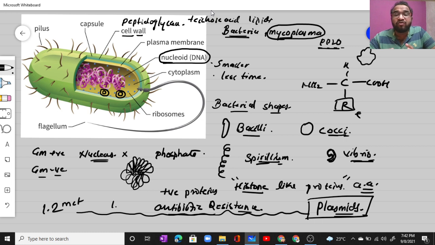Antibiotics were discovered accidentally by Alexander Fleming when he was working on Streptococcus on a Petri plate. As he kept the Petri plates open, a fungus started growing on that plate, which was later called Penicillium notatum.